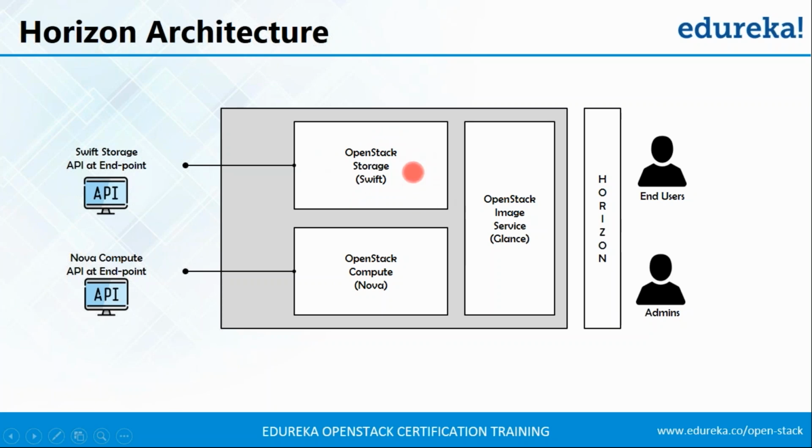You can also connect it with Cinder. And if you want to do some kind of processing to develop, test or deploy your applications, you can use the compute service of OpenStack, which is Nova. All the APIs are connected with different endpoints. So this is the Nova compute API endpoint, and this is the Swift storage API endpoint.